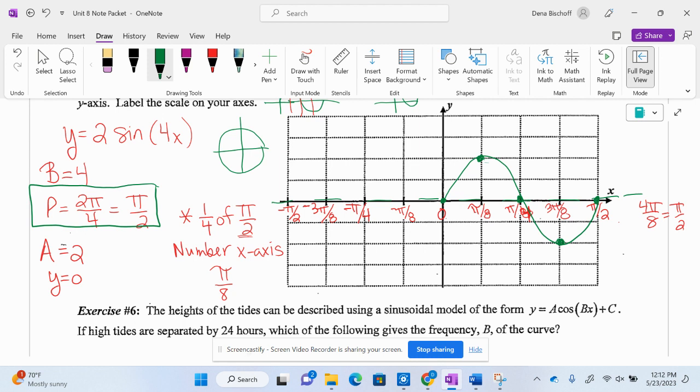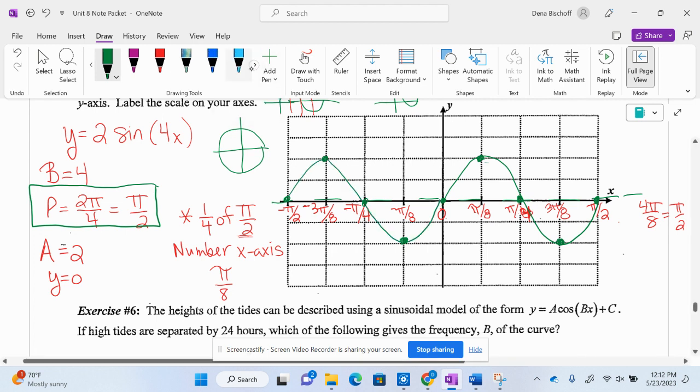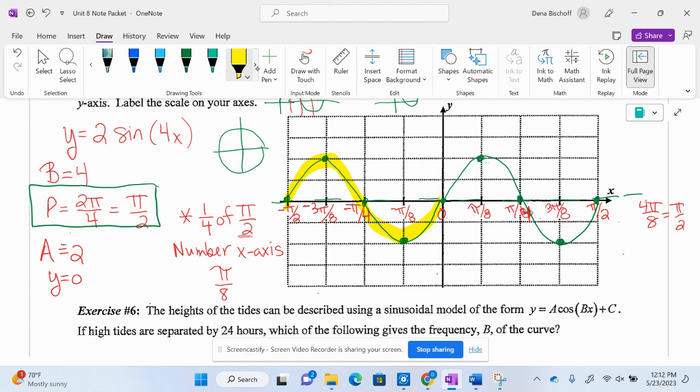Okay, so now let's do the negative side. Same idea: I need to go down to negative 2, back up to the midline, up to positive 2, back down, because all I'm doing is repeating this pattern. So this is one cycle right here, and this is another cycle.